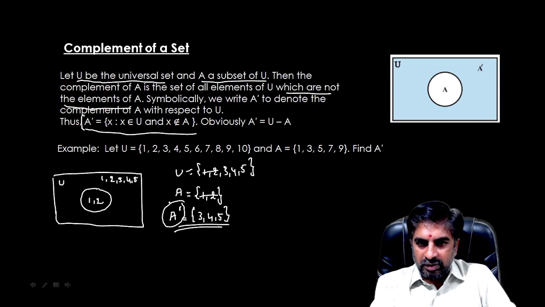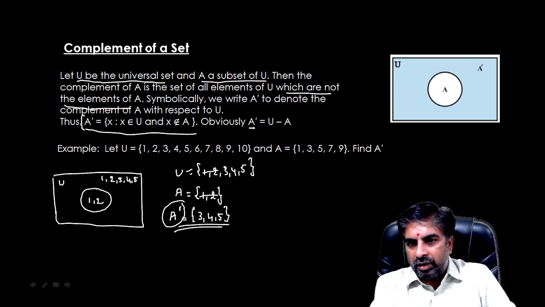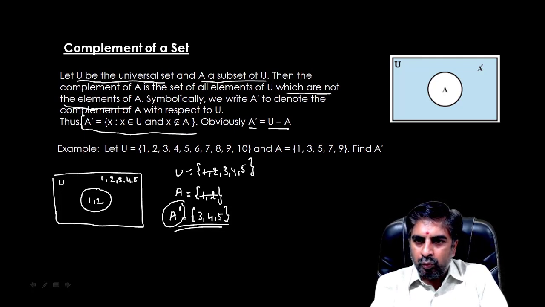Directly, A dash equals U, the universal set, minus the set A. Or the complement of A will be the universal set minus A.